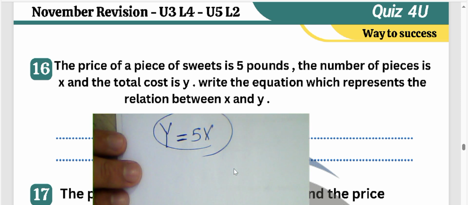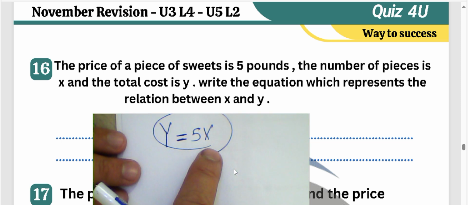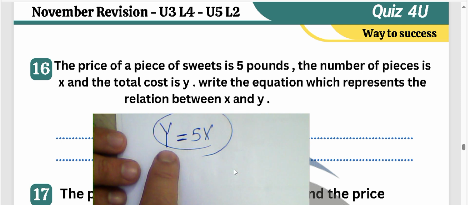Okay, if we put in this example one piece, put X equal 1. We want to find the relation between Y and X, then Y equal 5X. Understood? Because Y is the total and the price of each one is 5 and X is the number of pieces. Multiply the number by the price of each one, equals the total.